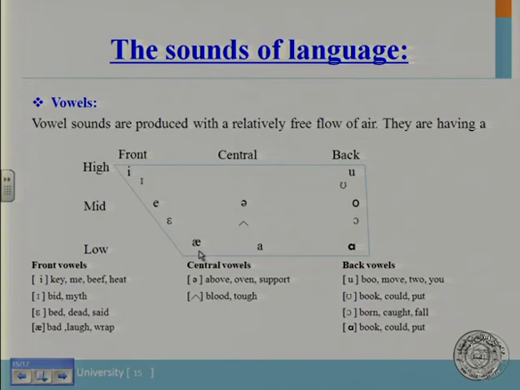Now let us start by pronouncing the following vowels. We have "ee" as in key, me, beef, heat. This sound can be represented by this symbol, as in key, me, beef, and heat.